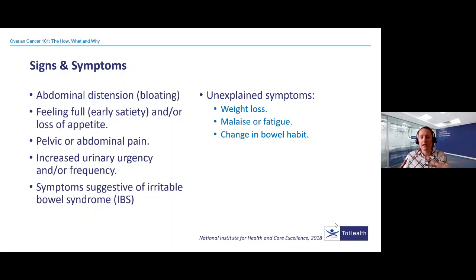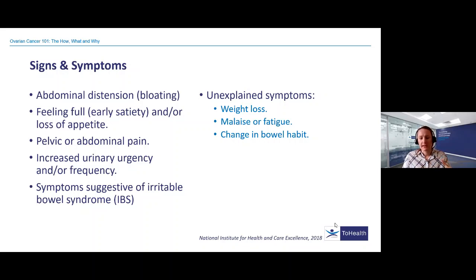So frequent being particularly more than 12 times per month. And these include things like bloating, feeling full early on, any pelvic or abdominal pain, an increased need to go to the bathroom, and even symptoms that are suggestive of IBS, or irritable bowel syndrome.